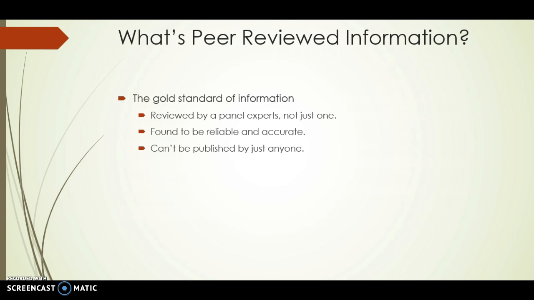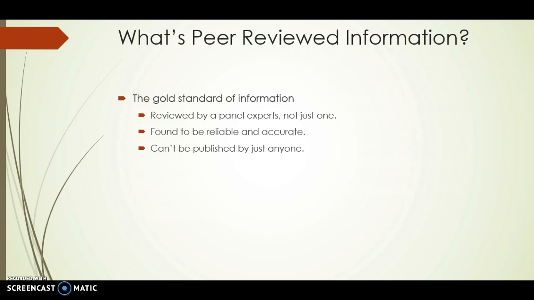So the first thing I've got listed here is that peer-reviewed information is reviewed by a panel of experts, not just one person. A lot of times I've seen panels as small as 3, but usually it's like 8 or 10 people, and they have a consensus.